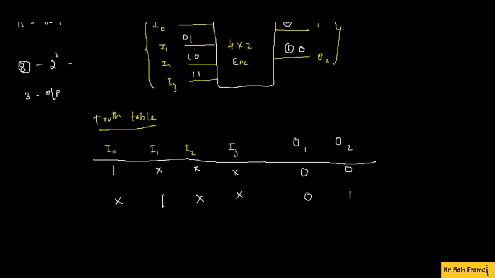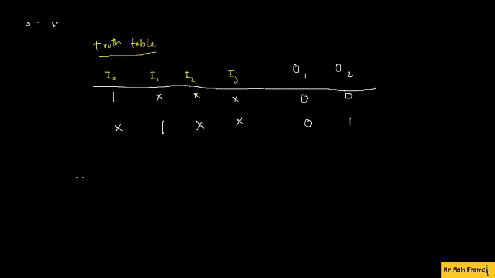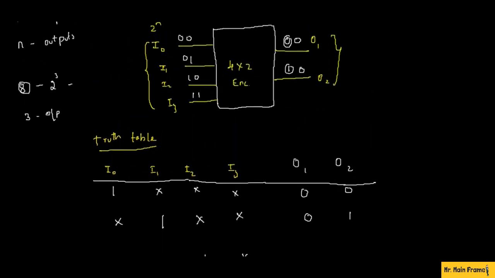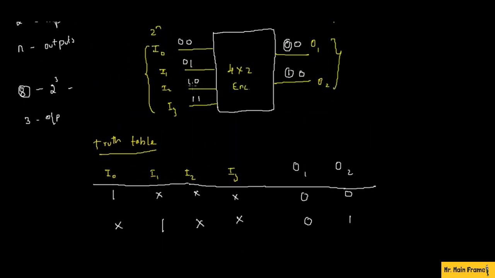Similarly, in the third stage, you can ignore I0 and I1, and you can enable I2, right? And I3 is still don't care. So what is the data that is being carried by I2? You can see this block diagram, right? I2 is carrying 1 0, right? This 1 0 I'm circling here.